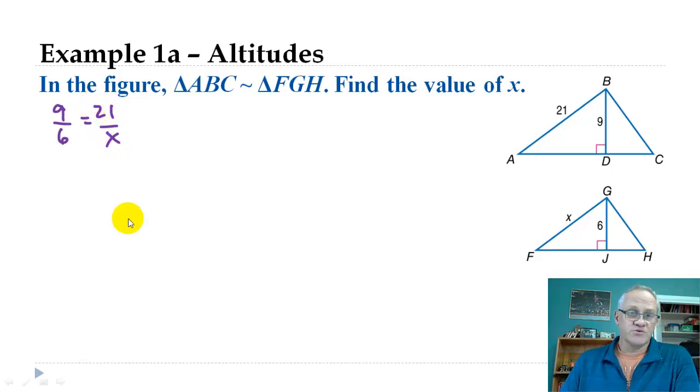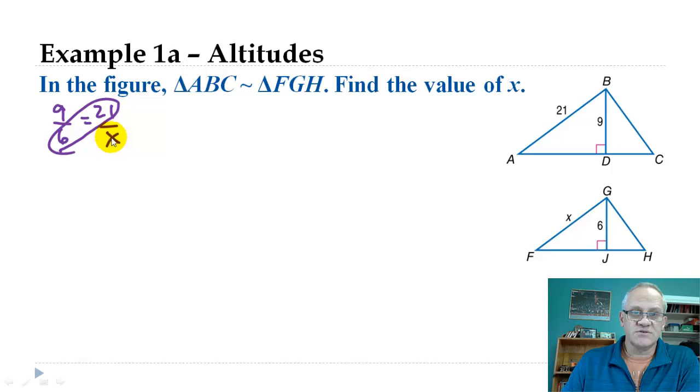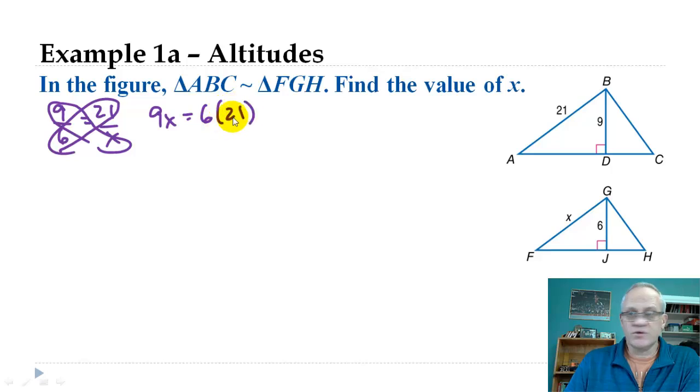Once we have a proportion set up, what do we do? Cross multiply. We've been doing that for quite a while now. So this would just be 9x equals 6 times 21. And 6 times 21 would be 126.